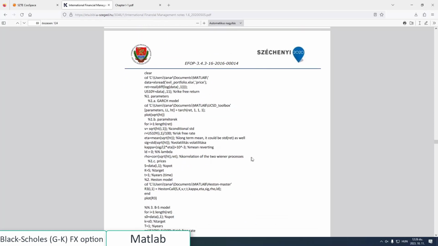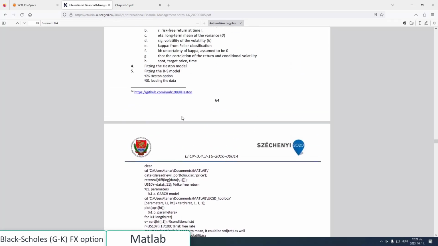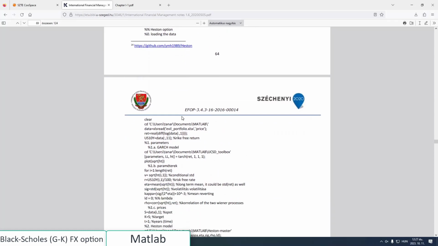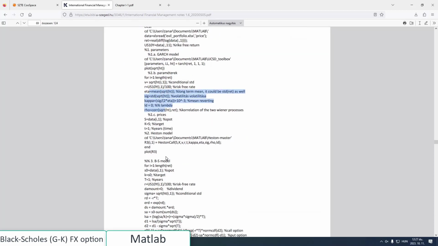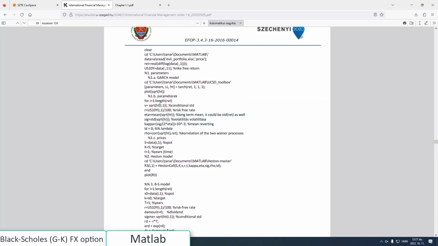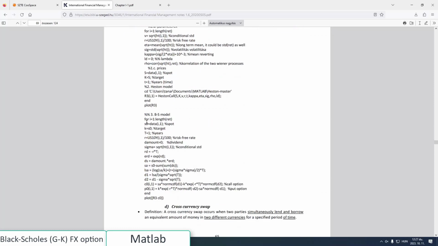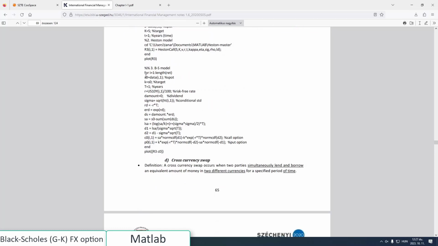Yeah, so if you don't want to write... what is it just for the Heston option? Oh, this is the Black-Scholes. Okay, so this is the Garman-Kohlhagen because it's a Black-Scholes type model.